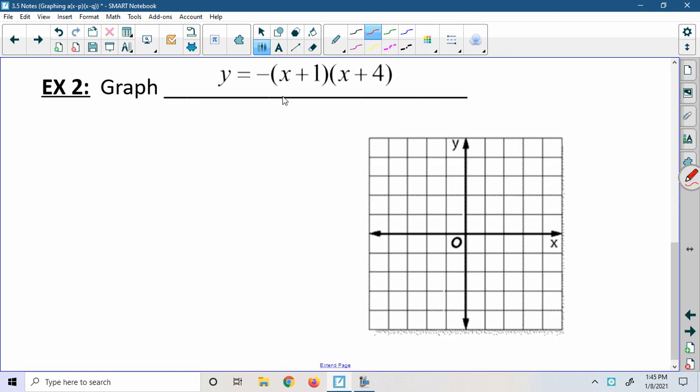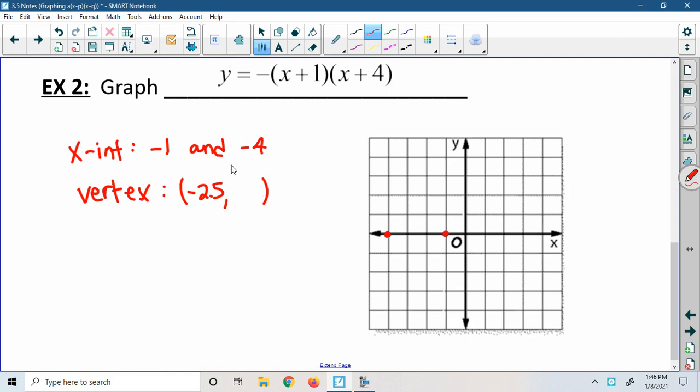Here's another example. y equals negative x plus 1 times x plus 4. So our x-intercepts are going to be negative 1 and negative 4. And then we find our vertex. The exact halfway point between negative 1 and negative 4 would be negative 2.5.